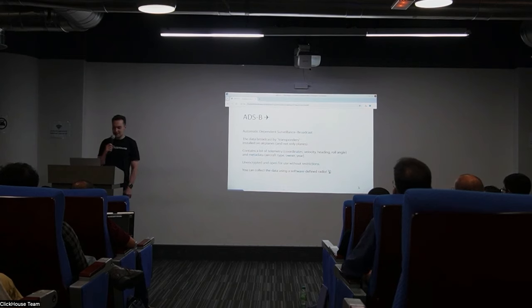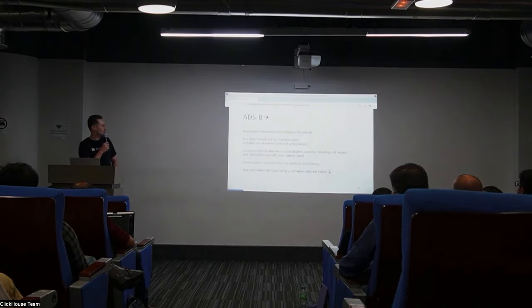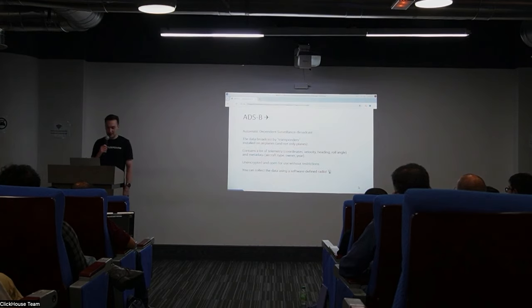So ADSB is a radio protocol that allows broadcasting the data from every airplane, not only airplanes, also helicopters, gliders, even some vehicles on the ground, to help other airplanes.